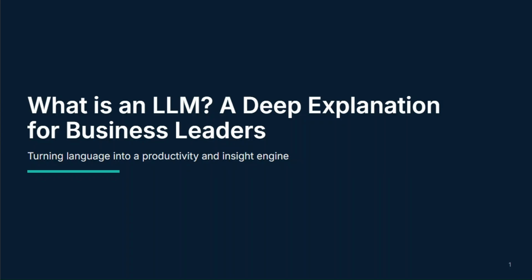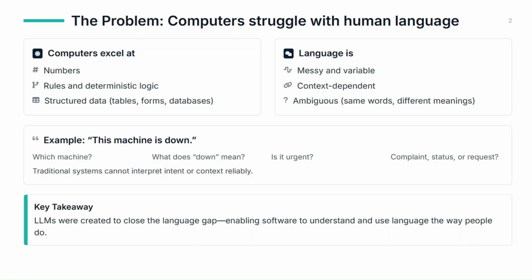Let's begin with the big picture. Large language models are not just another software upgrade. They represent a fundamental shift in how machines interact with human knowledge. Until now, humans had to adapt to machines by clicking buttons, filling forms, and following rigid workflows.